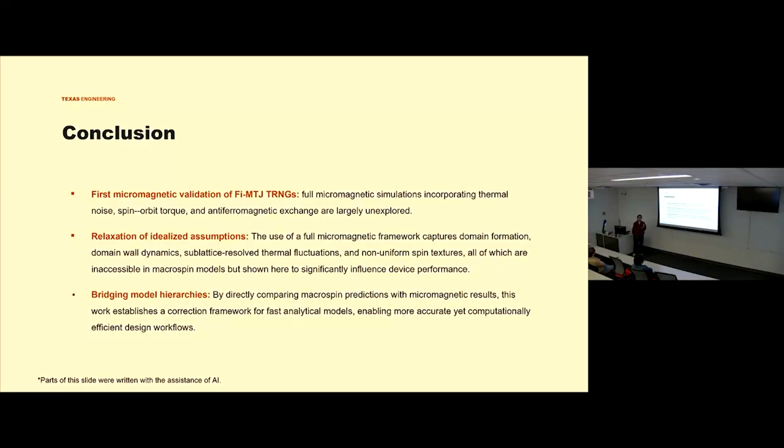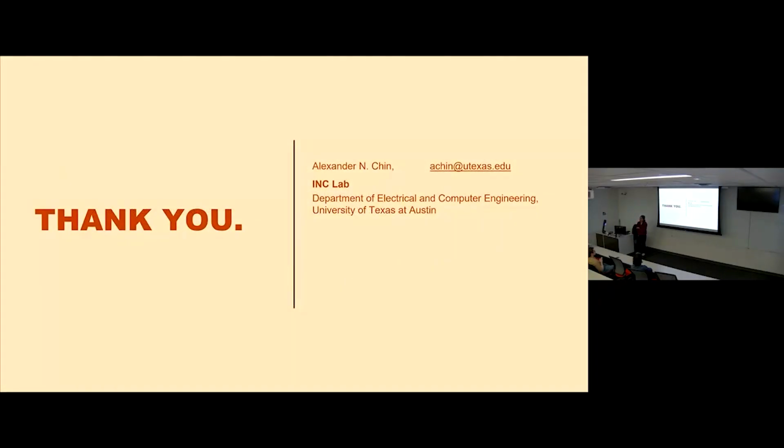By bringing in both a macrospin model and a micromagnetic model, we can validate the quality of the random numbers and generate billions of random numbers, but then increase the accuracy of this model by fine-tuning it with the micromagnetic model. Yeah, and that's my presentation. Thank you.